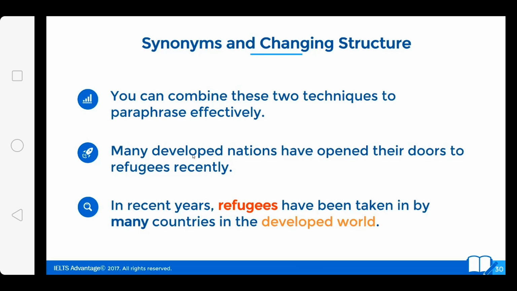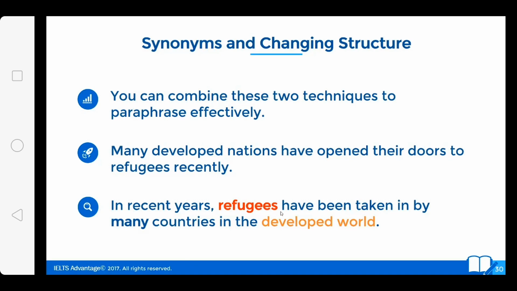So you've repeated the word developed, but you're not actually repeating it, because you've correctly combined it with world. So that is fine to do, because you're actually demonstrating to the examiner that you know that developed nations and developed world are the same thing, and they collocate well together.